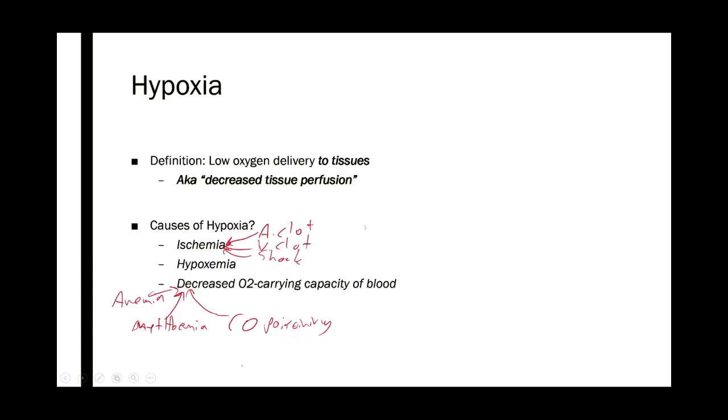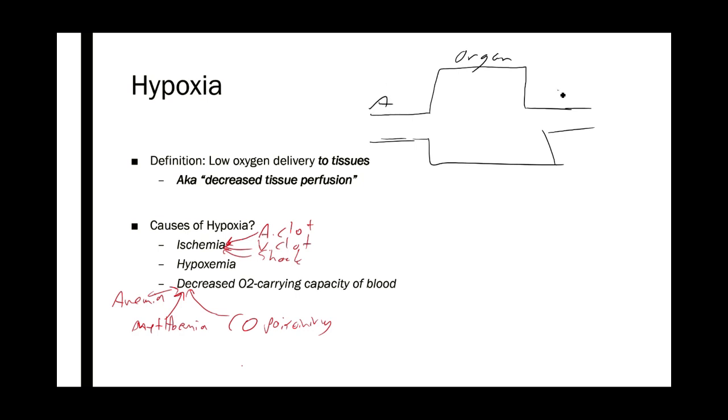We're going to start off first talking about hypoxia. As I mentioned, it might be easier to think of this as decreased organ perfusion. So this is your organ, this is the arterial side and venous side.